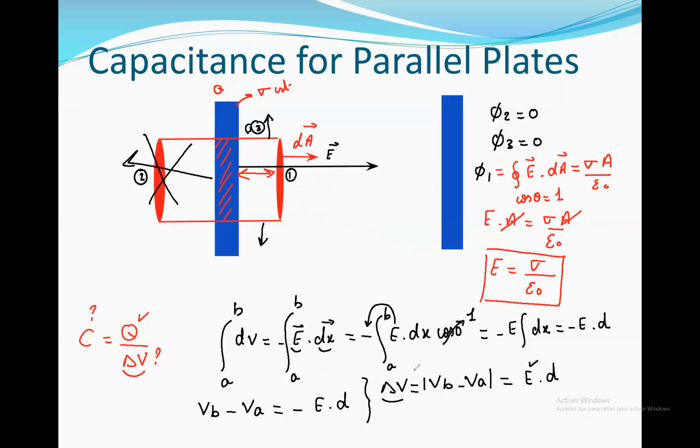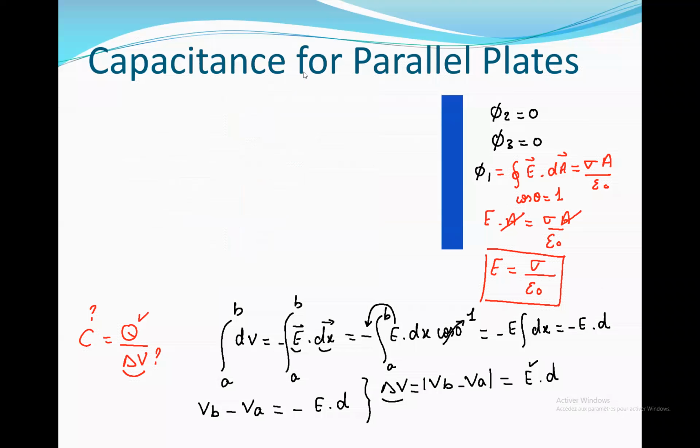So we can calculate delta V easily. We can say E equals sigma divided by epsilon. So delta V equals E times d equals sigma divided by epsilon times d.